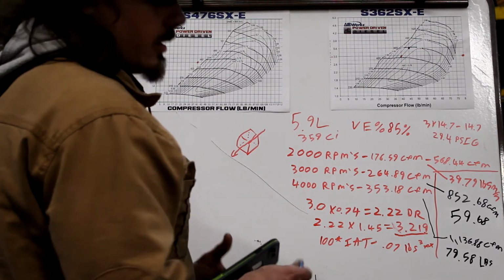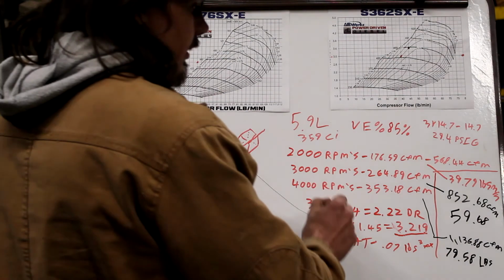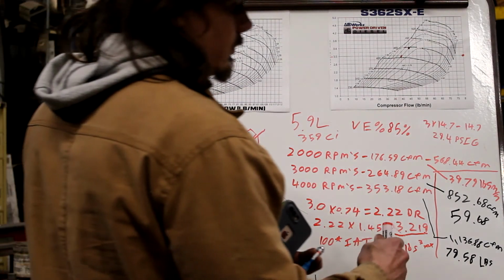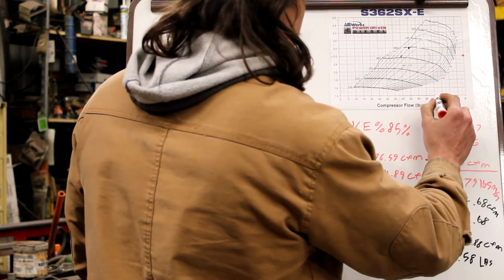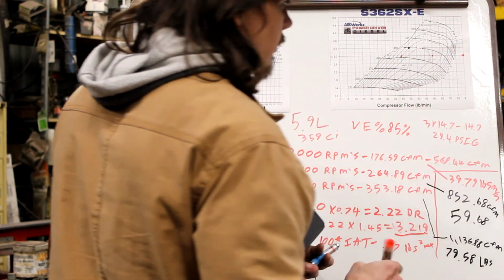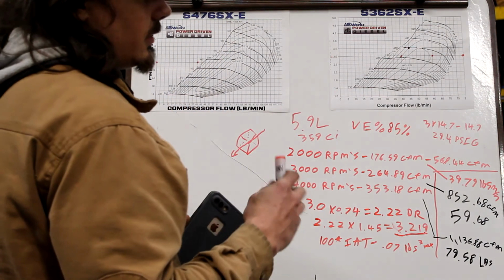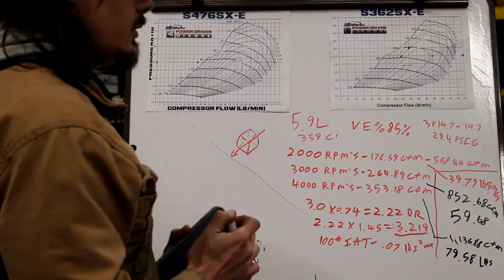We want to make sure that where this lands is on the island that we calculated the density ratio from. So we are going to go essentially to 60 pounds a minute, come up to 3.0. That lands us right here, which is on the 74% compressor efficiency island, meaning that that calculation is valid.